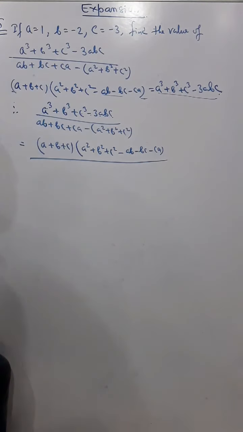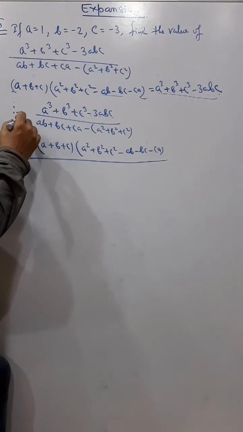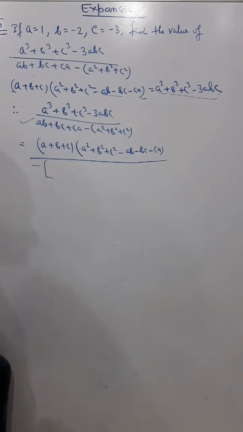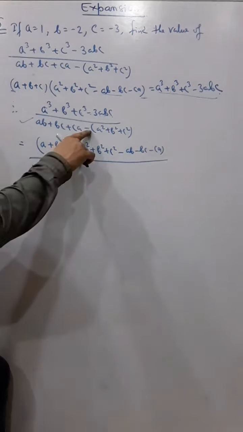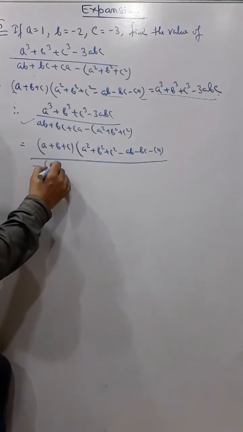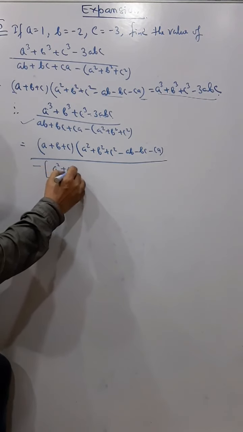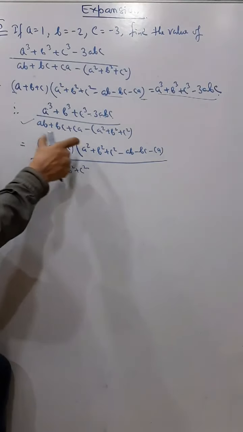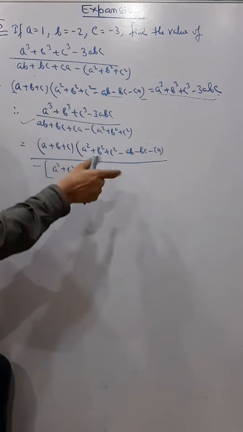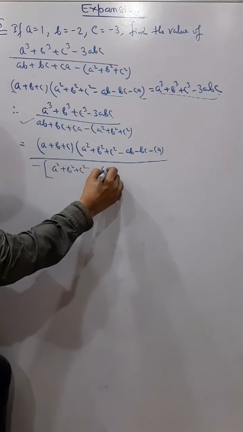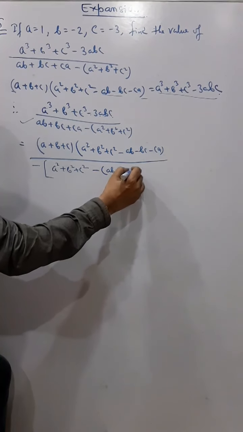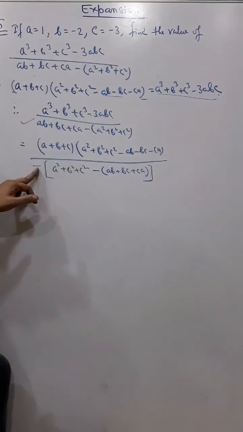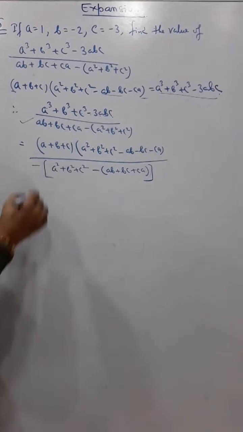Okay, so what can I do? In the denominator I can take minus common. Now if I take minus common, then this minus will become plus, so it will become a square plus b square plus c square, and this plus will become minus, so that becomes minus ab minus bc minus ca. So we are getting this after taking minus common, right?